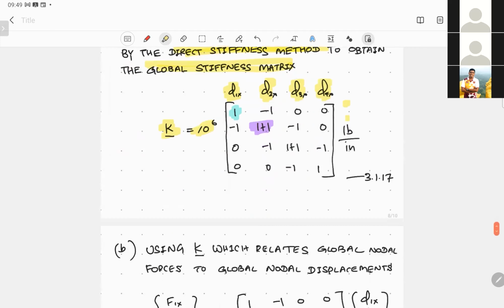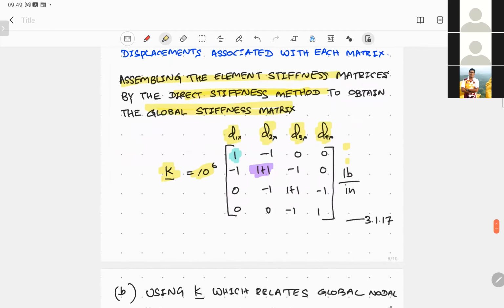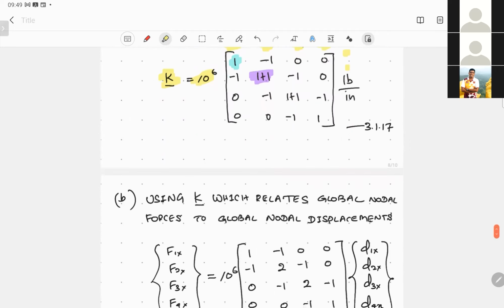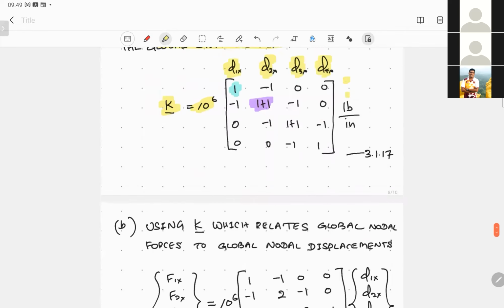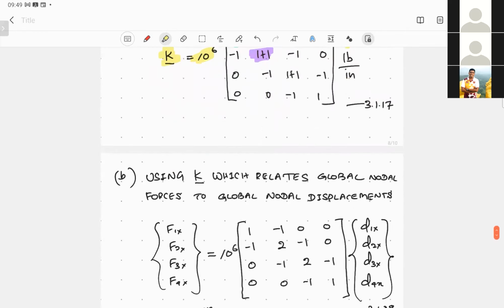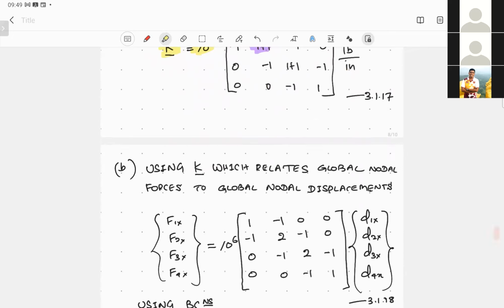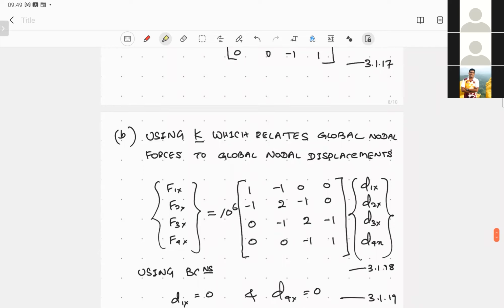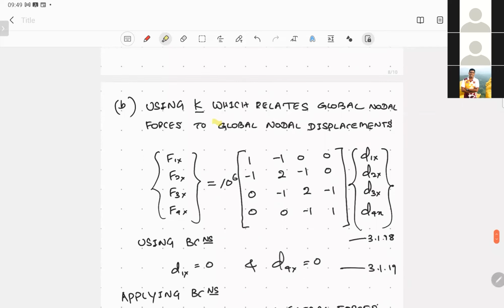So what you would end up getting is a nicely constructed 4x4 matrix where you have added up the corresponding elements from the element stiffness matrix equations. Since you now have the global stiffness matrix constructed for the spring assemblage, or the total assemblage, you can use this to relate global nodal displacements to global forces.